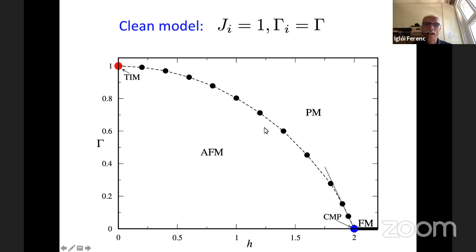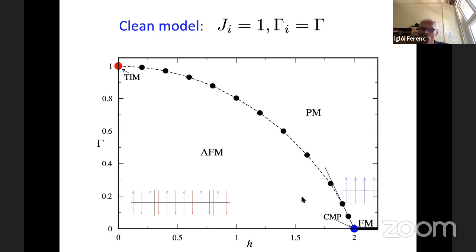And this is the phase diagram in the gamma-h plane with J equal to 1. There is an antiferromagnetically ordered phase if gamma, the transverse field, is not too strong, and also this longitudinal field is not too strong. Here the ground state is in an up-down, up-down, up-down order, as can be seen schematically.